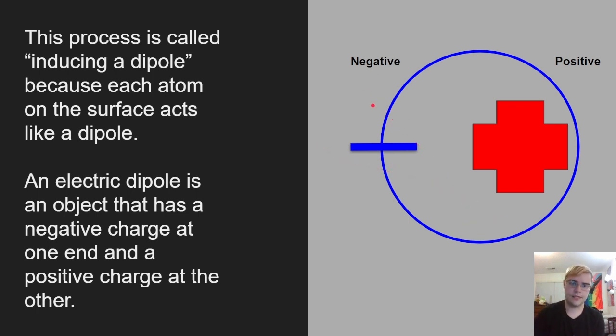A dipole is when you have a particular object and one side of it is negatively charged and the other side of it is positively charged, which creates an electric field running from the positive to the negative side. So in this atom representation we have here, this side is more negatively charged because the orbital is shifted that way, and the right side is positively charged. So the atom is acting like a dipole.